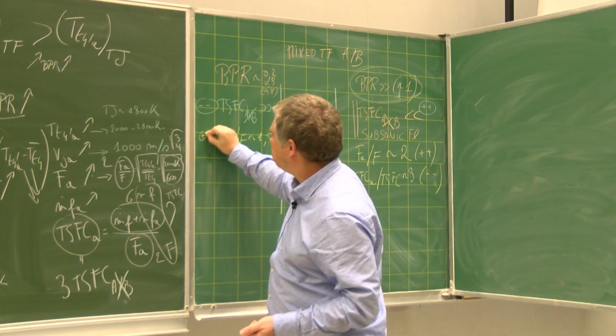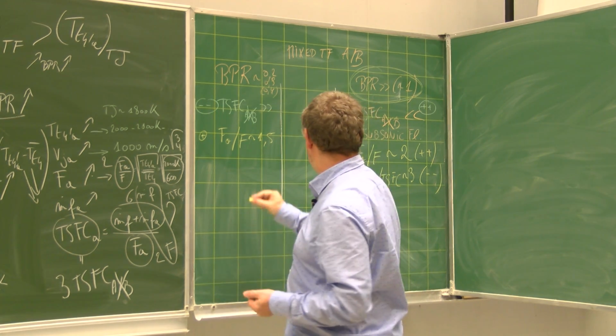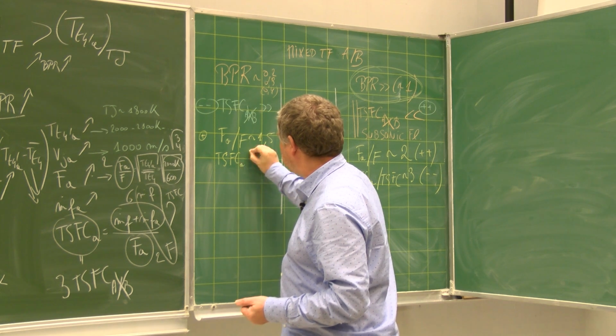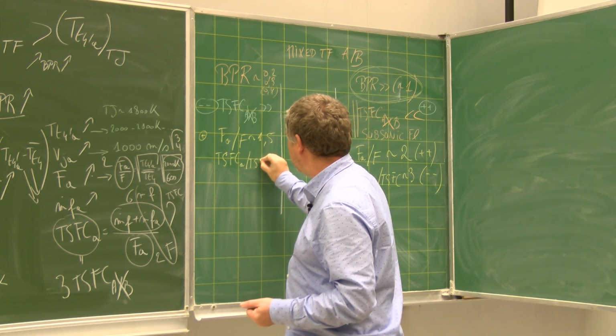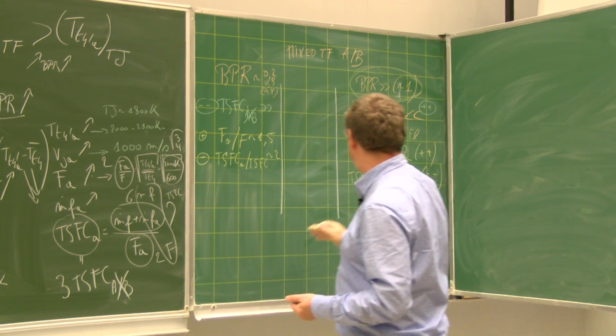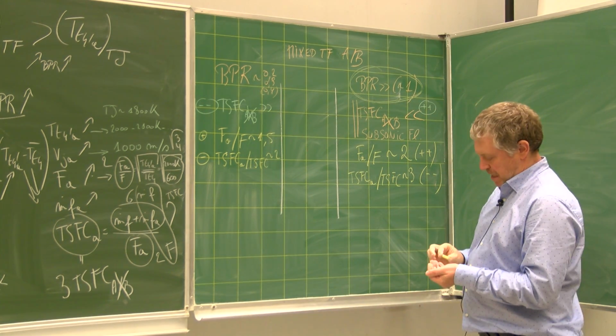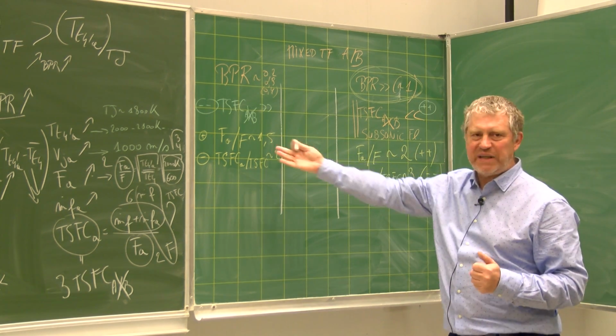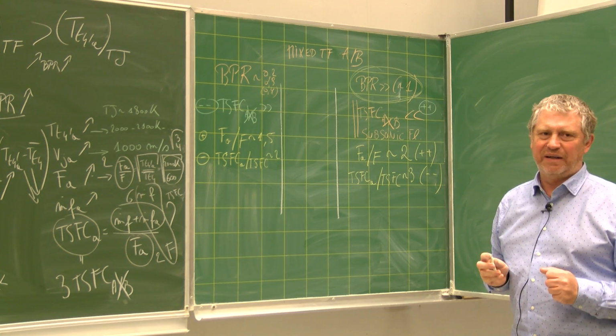Okay, this is rather good. But you will have the TSFC A divided by the TSFC that will be around 2. So this is negative, but less negative than there. And so you could imagine, okay, but then what is the advantage of this case compared to this case?